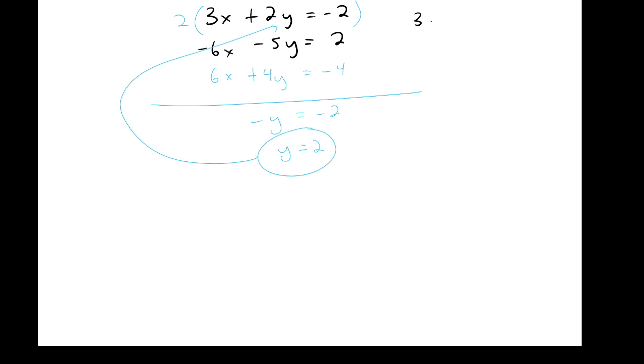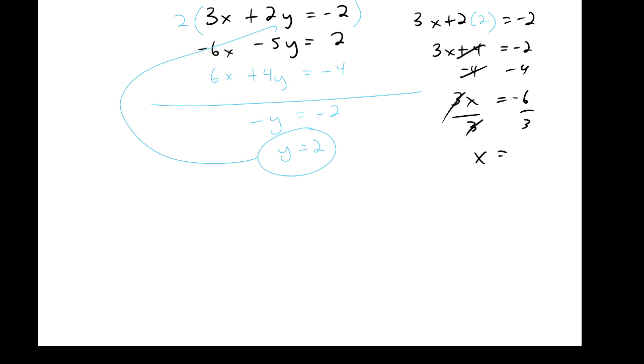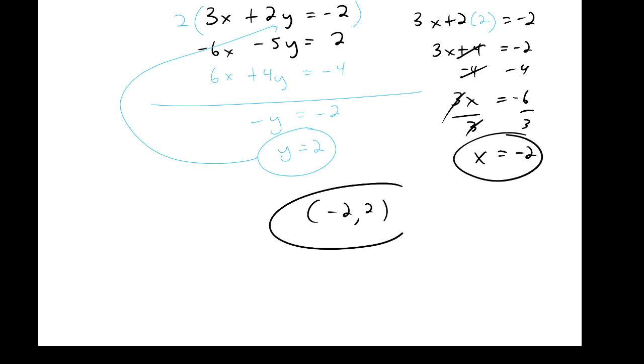So I'm going to write over here 3x plus 2 times our y, which is now 2, is equal to negative 2. Keep going. 3x plus 4 is negative 2. Minus 4, minus 4. 3x is equal to negative 2 minus 4, which is negative 6. And divide by 3 on both sides, and my x is going to be equal to negative 2. As a coordinate, it's negative 2, comma 2.